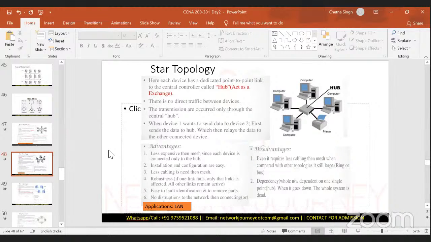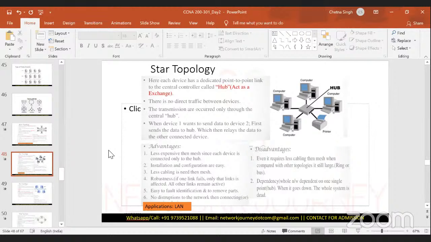But when I'm taking a lease link from a service provider to connect my two branches, there is a specific agreement that the service should be available to me round the clock for so many years, with so much accuracy, and there should not be much link failure.